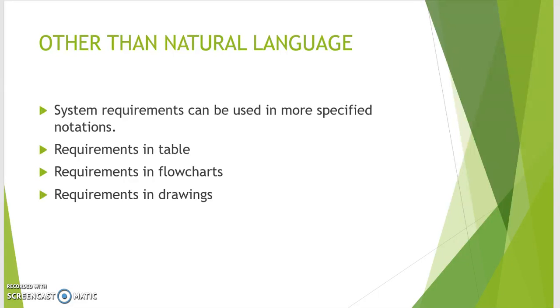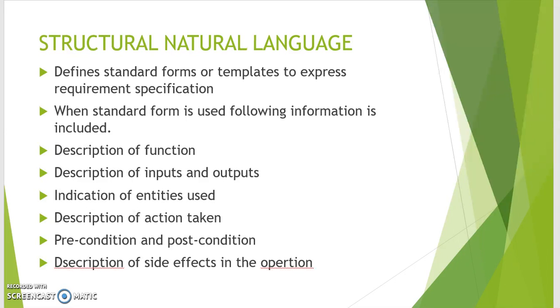These are some of the other languages that help to overcome the natural language. Structural natural language uses the concept of templates to express requirement specification. This is used to describe our functions, what inputs and outputs we give, the entities that we use, the action that we have to take, precondition and postcondition, and side effects of the operation.